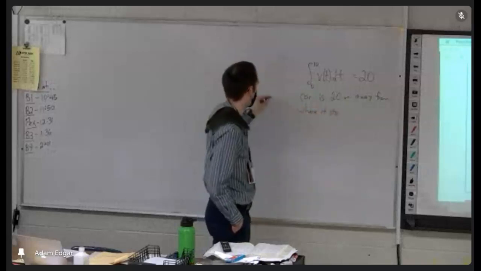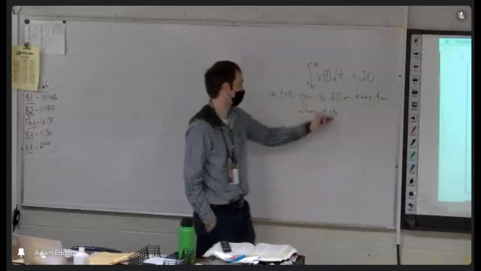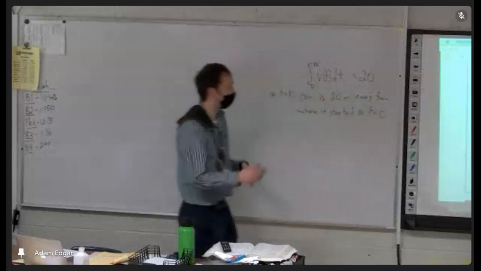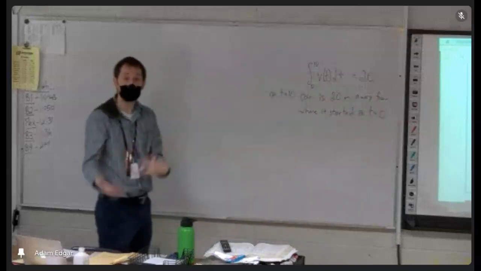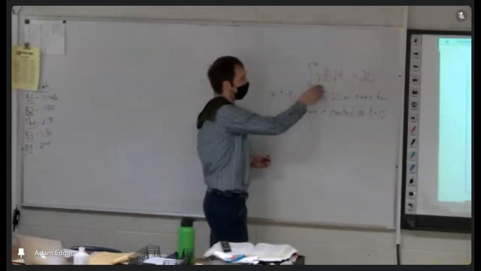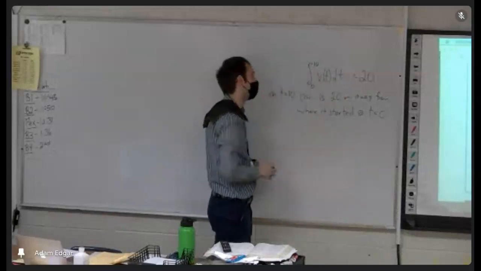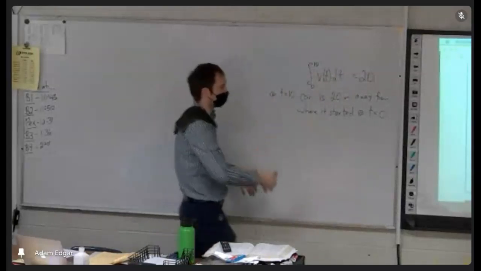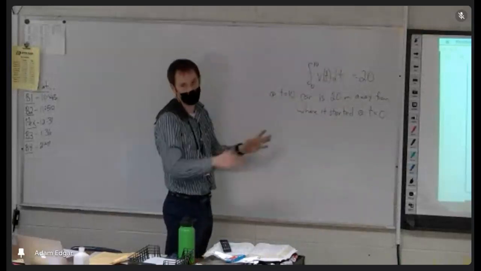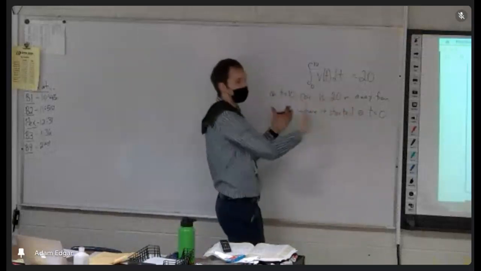So at t equals 10, the car is 20 meters away from where it started at t equals 0. This is almost saying it travels 20 meters, but we don't want to go that far, because it could be that the velocity is positive and then negative, and then maybe positive again. That isn't captured unless we put absolute value. Without the absolute value, we can't say this is the distance traveled, but we do know from the beginning to the end, it's 20 meters away from where it began.